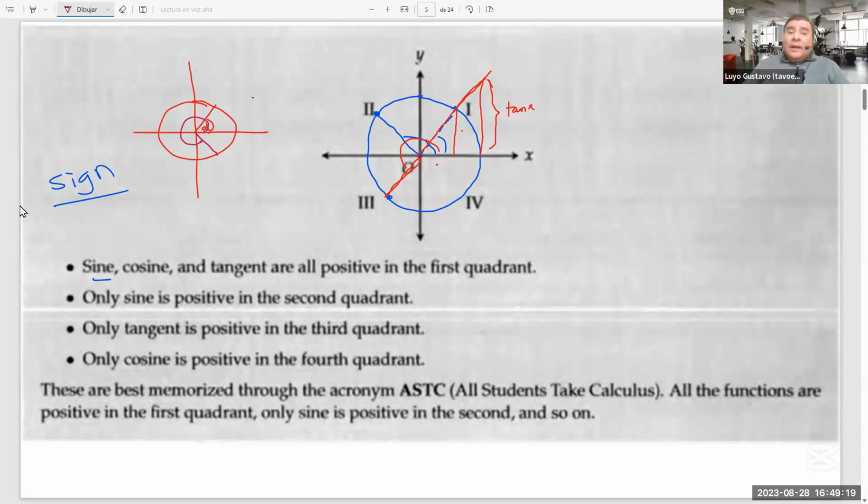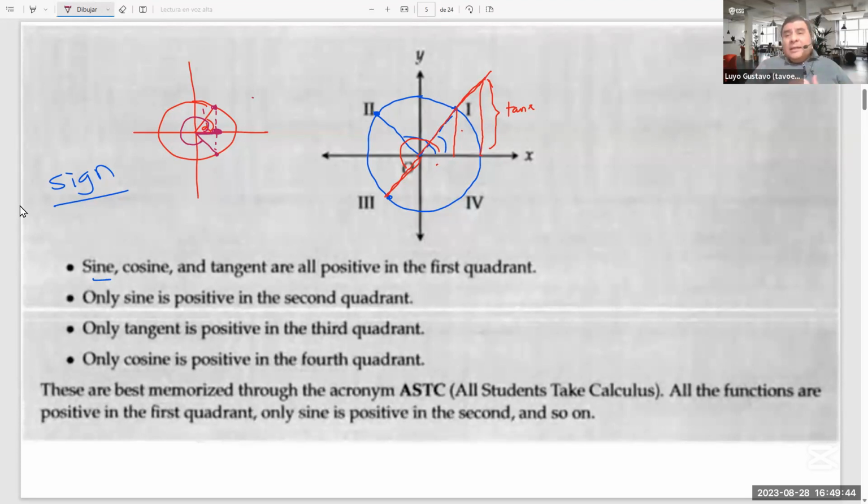So what about the horizontal position of these 2 points? In both cases, it's positive, it's this. So that's why the cosine, the length of this segment, considering that the radius is 1, would be the cosine of those angles. So it's positive in the fourth quadrant.